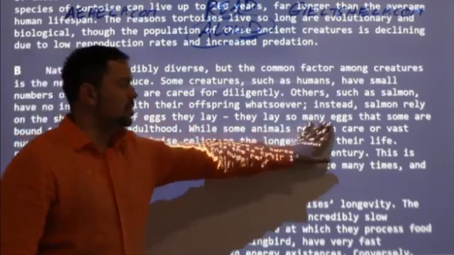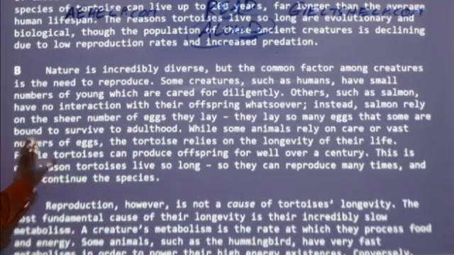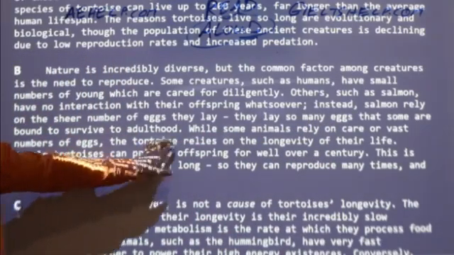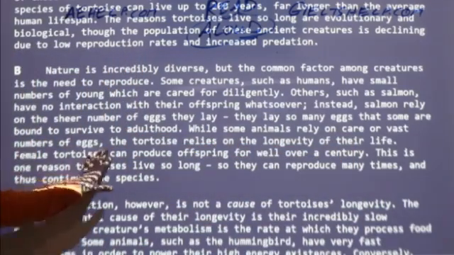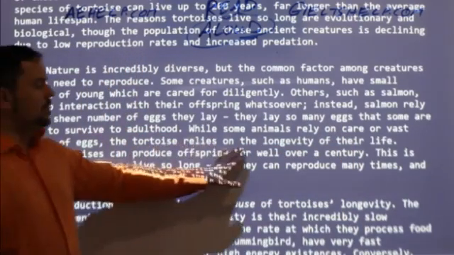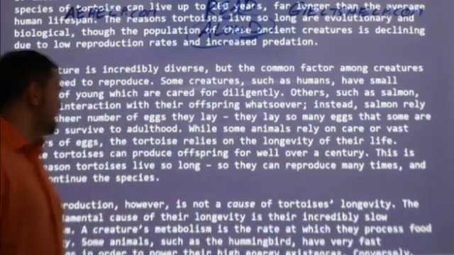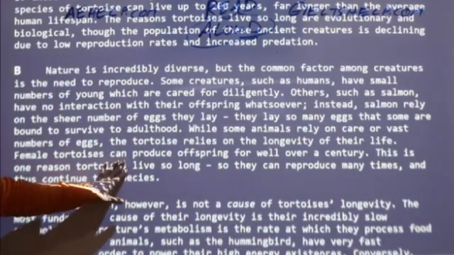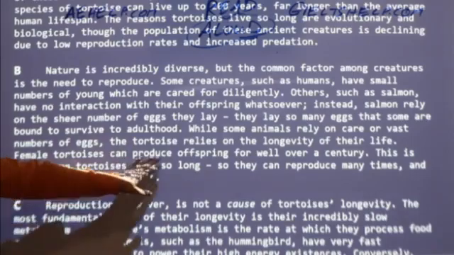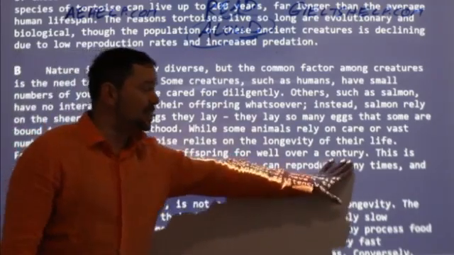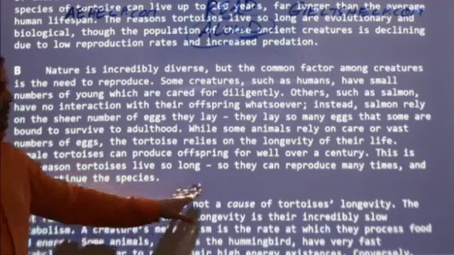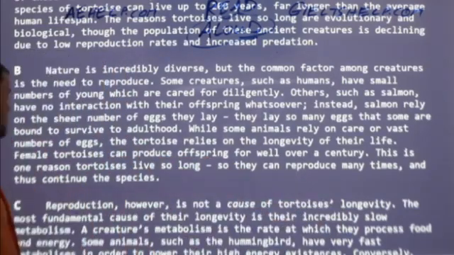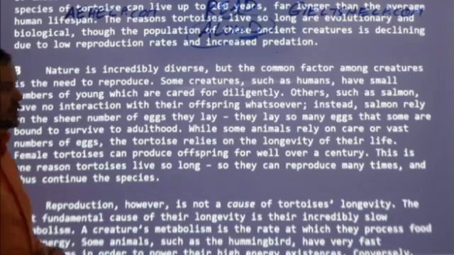They lay so many eggs that some are bound to survive to adulthood. While some animals rely on care or vast numbers of eggs, the tortoise relies on the longevity of their lifespan. Female tortoises can produce offspring for well over a century. This is one reason tortoises live so long, so they can reproduce many times and thus continue the species.